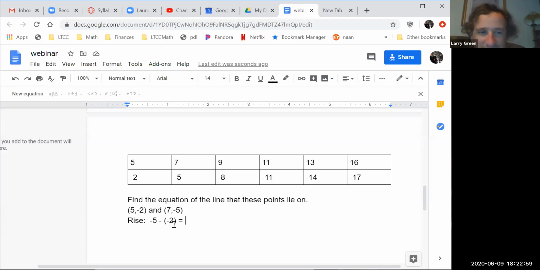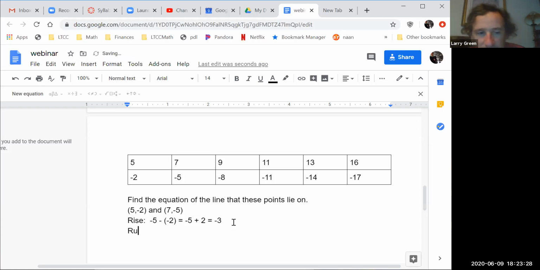I'm still waiting for the right answer. I can see where your errors were. There we go. Yeah, -3. Remember, that's the same thing as -5 plus 2, because when you have 2 minuses, that makes a plus. And that's equal to -3. Again, you can use a calculator, but this isn't supposed to be that hard. You just have to pay attention to the negative signs.